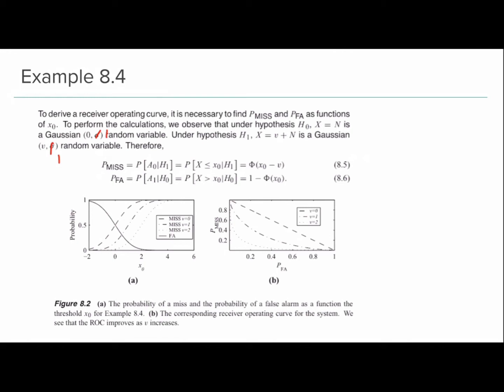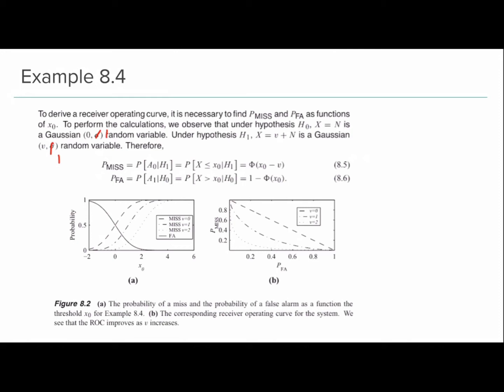We can think of this in terms of the standard Gaussian CDF, Psi. That will be equal to Psi of x0 minus the mean, which here is v, since the distribution of x when H1 occurs is Gaussian with mean v and variance 1. So this will be equal to Psi of (x0 minus v) divided by 1, right?